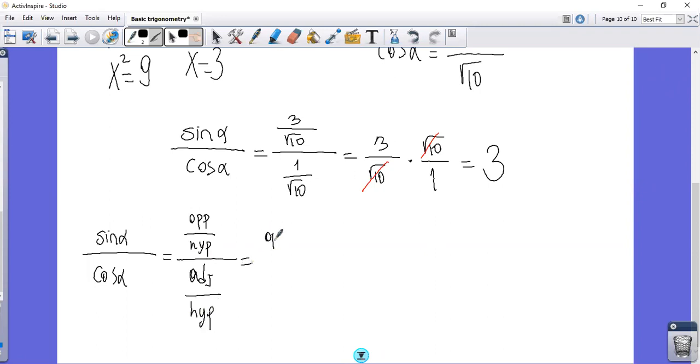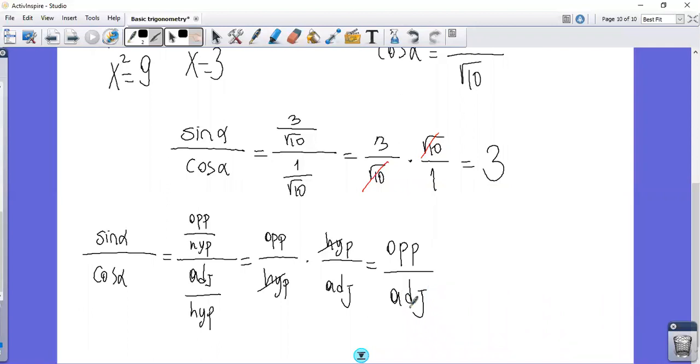So the first fraction will be written opposite over hypotenuse, times the reciprocal of the second one, hypotenuse over adjacent. So the hypotenuse and hypotenuse cancel out. So we are left with opposite over adjacent.